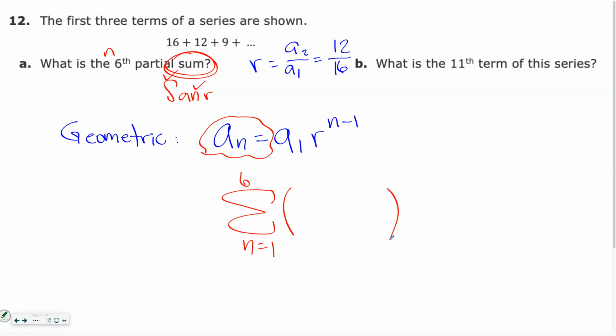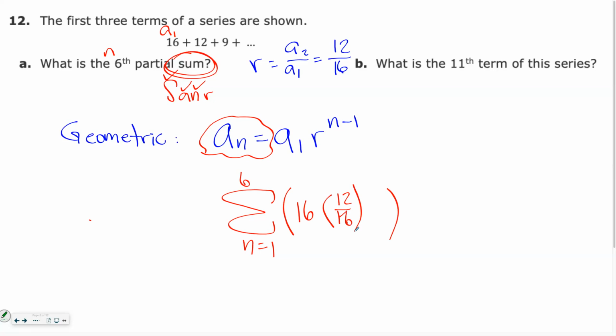All this needs to be in parentheses. Do we have A1? 16. Remember, you don't have to have A1. It can be any term, as long as you have the specific A value. We know R is 12 divided by 16. You don't have to reduce that. The calculator can. And then finally, the power of n minus 1.